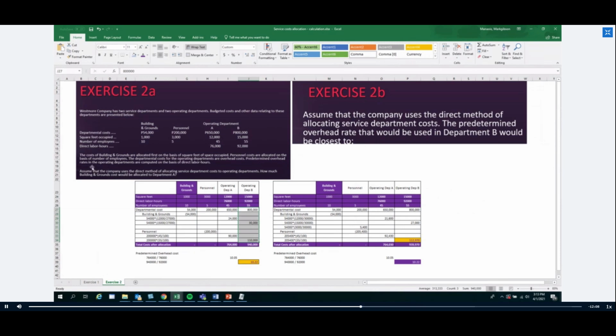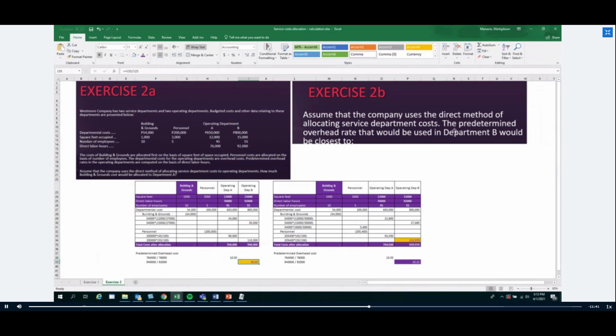Ngayon, pinapakompute lang yung predetermined overhead rate. Sabi dito, predetermined overhead rates in operating departments are computed on the basis of direct labor hours. So therefore, how much is your predetermined overhead rate for Department A? So that's 764,000, your total cost, divided by the direct labor hours na 76,000. So that's 10.05.